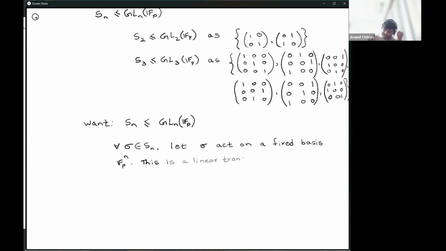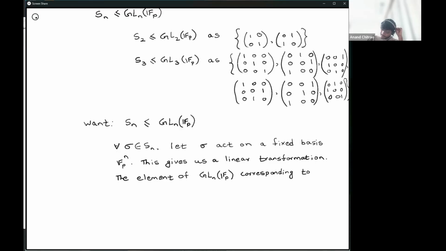This actually gives you a linear transformation, and the matrix form of that linear transformation is the permutation matrix associated to sigma.